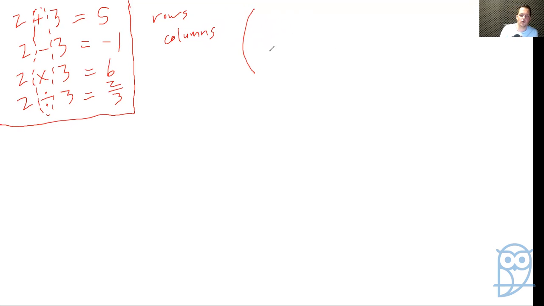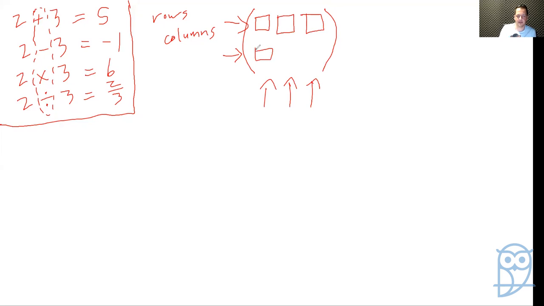So if I want to work on, for example, a 2 rows and 3 column matrix, I'm going to have an element here, an element there, an element there, an element here, an element here, and an element here.